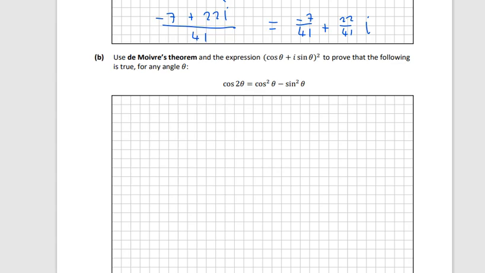The second part, we have to use the expression cos theta plus i sine theta, squared. Firstly, I'm just going to square out everything here. So cos theta times cos theta is cos squared theta.